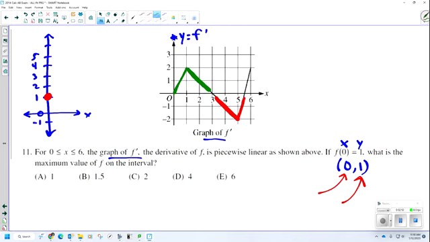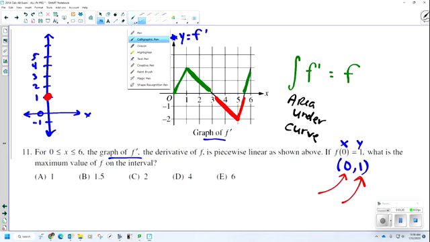And then I'm increasing. But how much? The answer to that, if I want to know the value, is I need to integrate my derivative to get my f value. Integration is area under the curve. And we have some triangles here, which is going to make life beautiful.